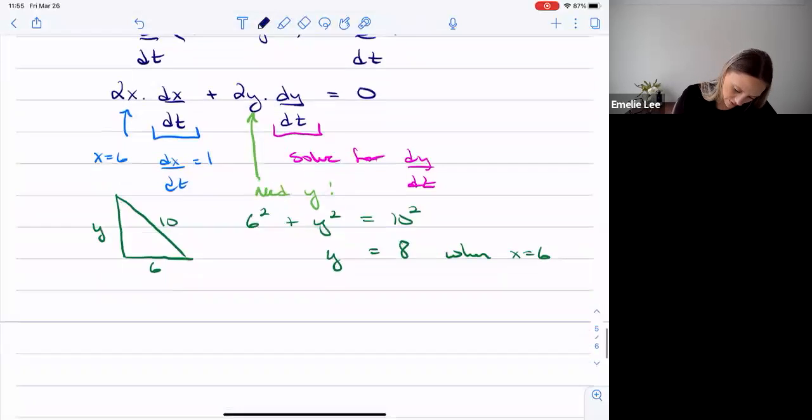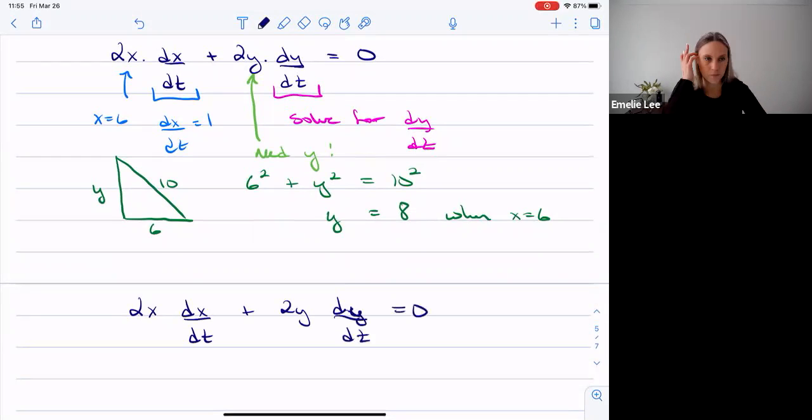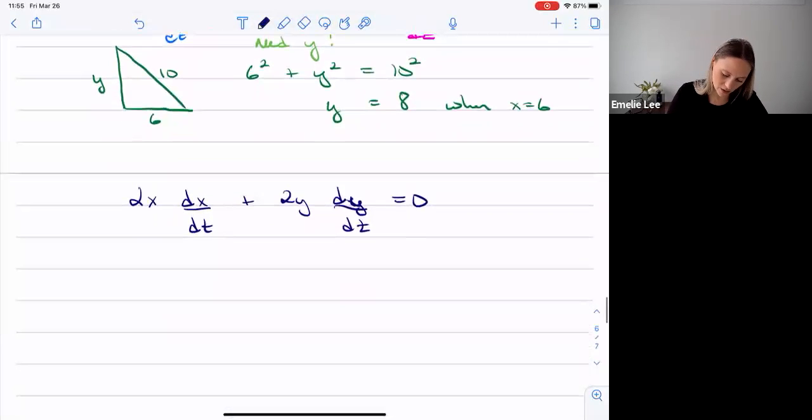Okay, so I'm going to jot this derivative down here: 2x dx/dt plus 2y dy/dt equals 0. Now I can make my substitutions.